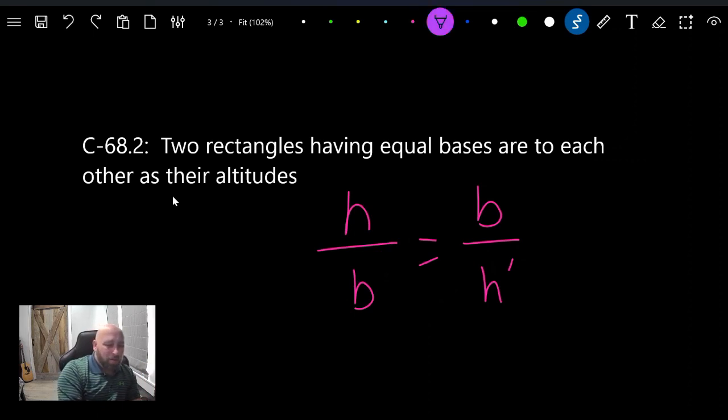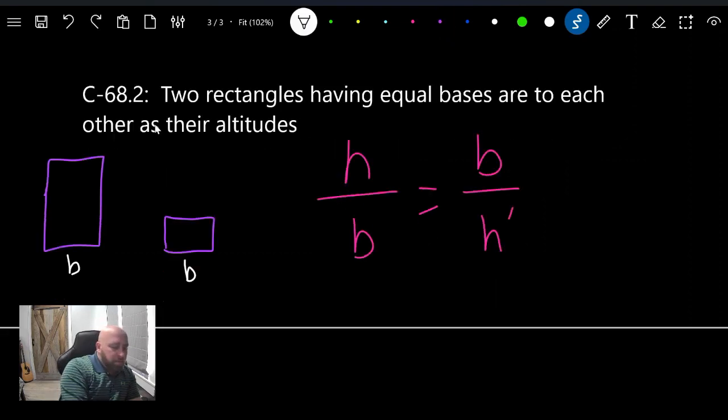Let's look at what that looks like with actual rectangles. If you have this guy right here, it has an equal base, but the height is different. So these bases are the same here. In the other one, we were saying base and base prime.